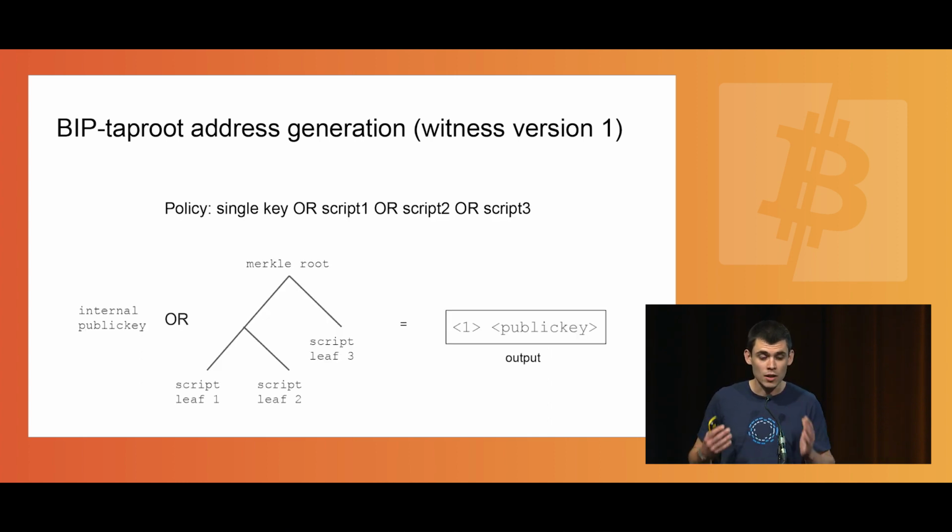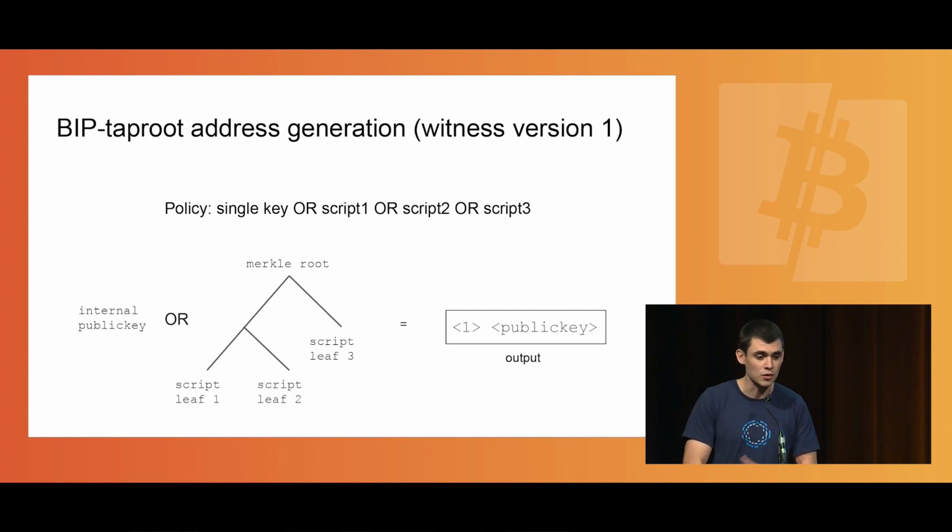Now things get much more interesting with BIP Taproot if you have more complicated policies. For example, if you have the policy that a coin can be spent either by an authorization from a single key or a Bitcoin script or another Bitcoin script or a third Bitcoin script.